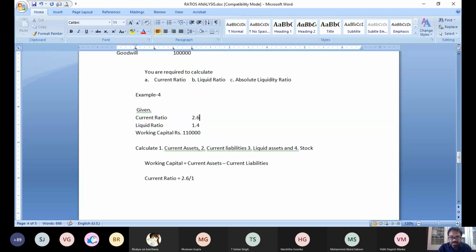First remember, the current ratio is equal to current assets divided by current liabilities. Correct? So it means 2.6 by 1.